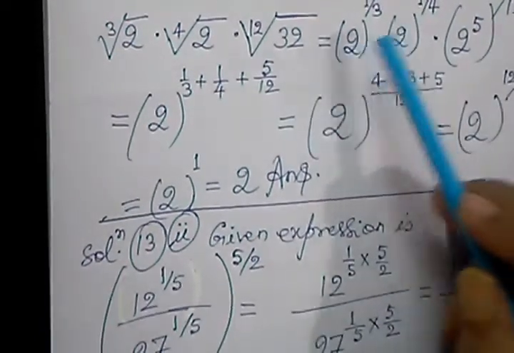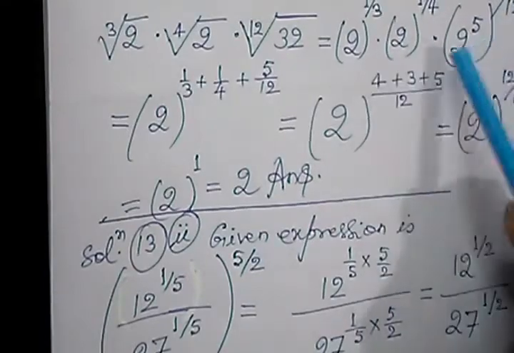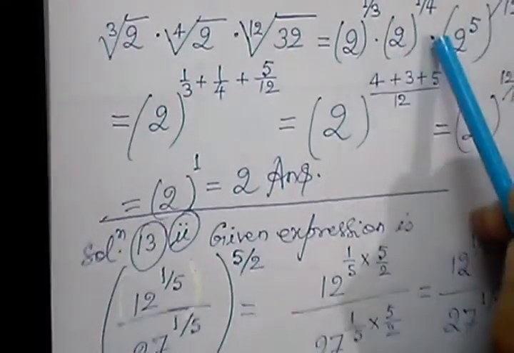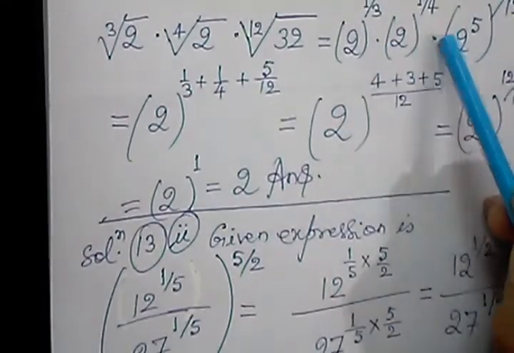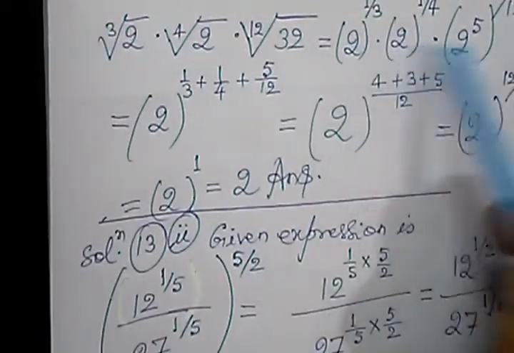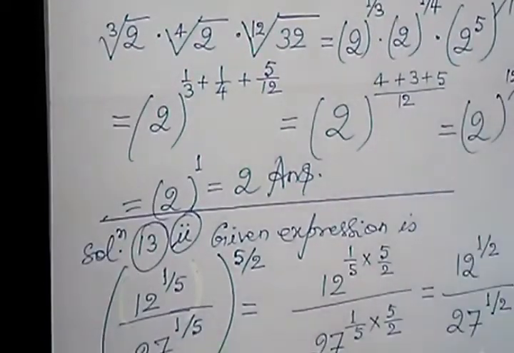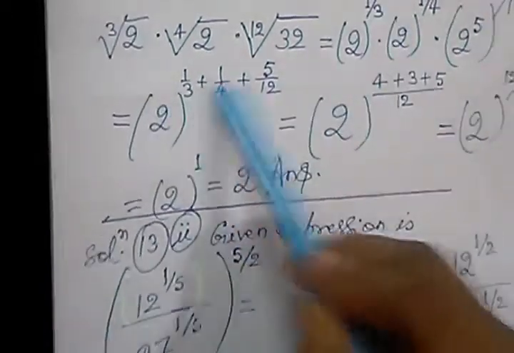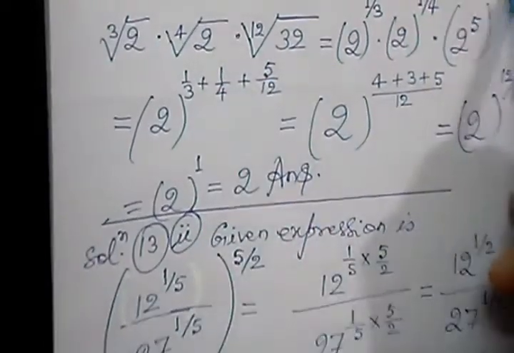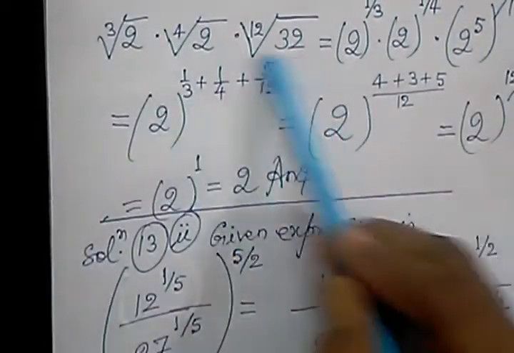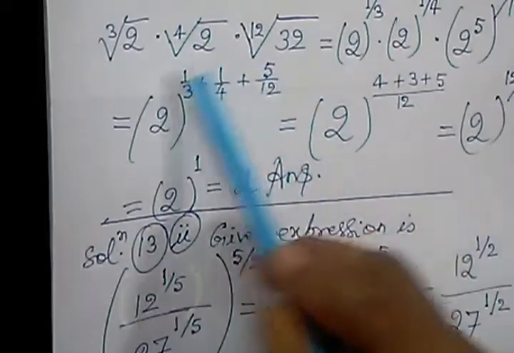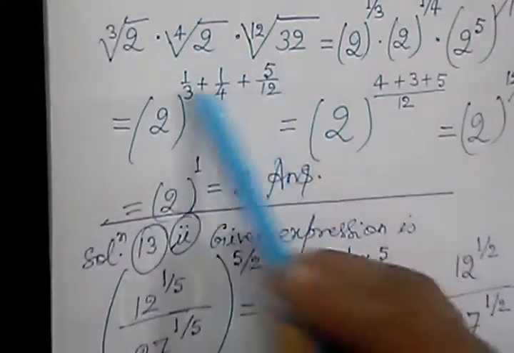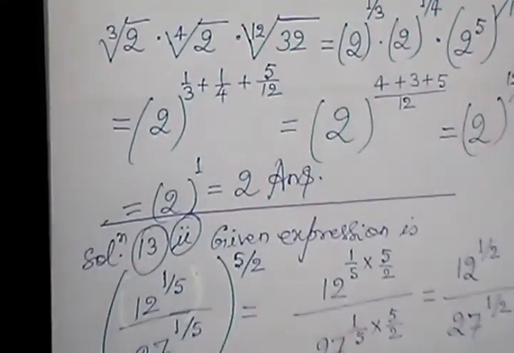Since the base is 2 everywhere, and there is multiplication among the numbers, these powers will be added. So here 2 to the power 1 upon 3 plus 1 upon 4 plus 5 upon 12. Now take the LCM, because all the three powers are in fraction form.